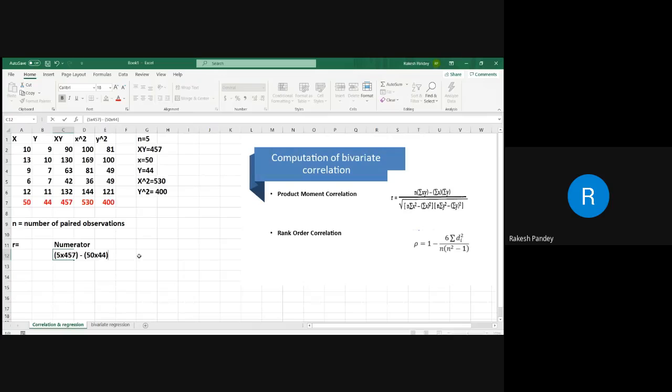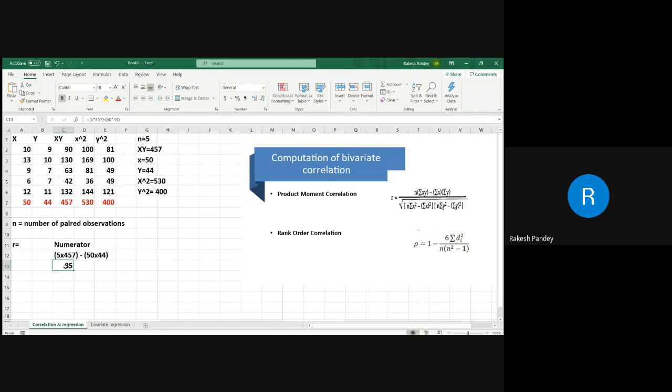Let us do this using the formula. So this will be 5 into 457, bracket closed, minus 50 into 44. This is coming to be 85.